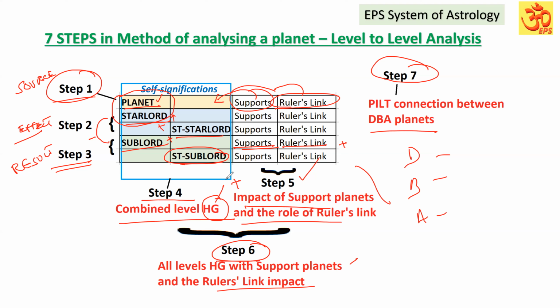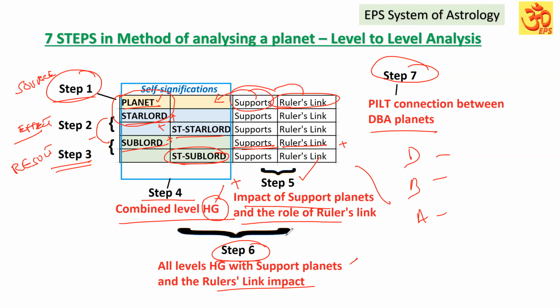Because normally when we study a planet, it is basically a Dasa Lord or Bhukti Lord or Antra Lord or Sukshma Lord. So based on the 1 to 6 steps, we can come to know what that planet is having in its total significations, favorable for the event or unfavorable or mixed.